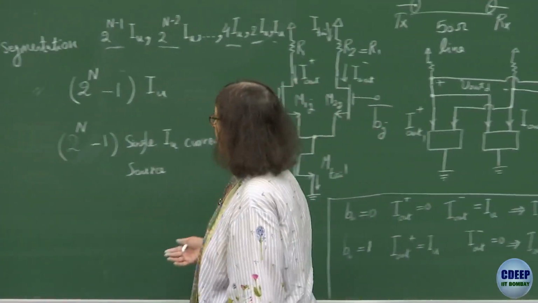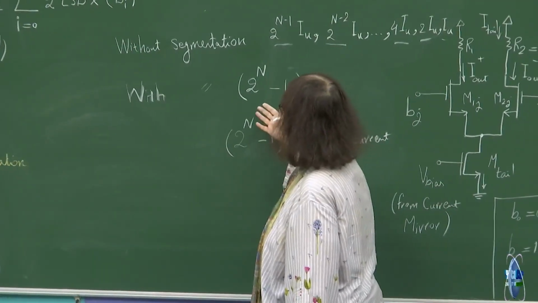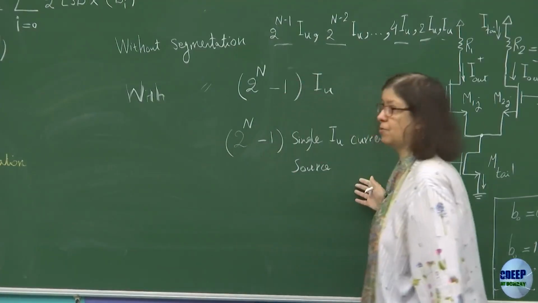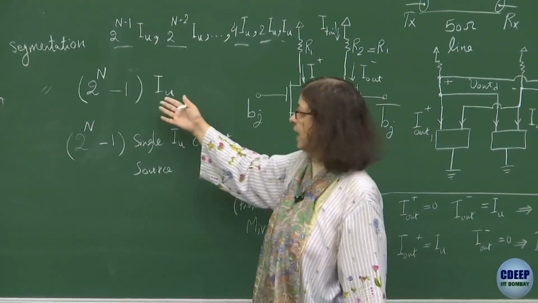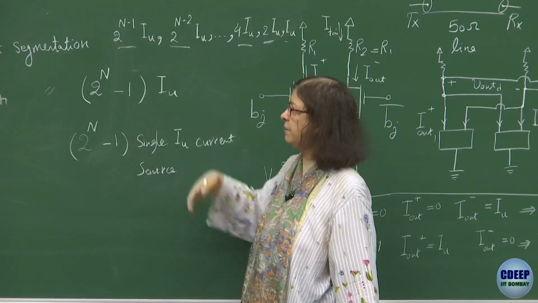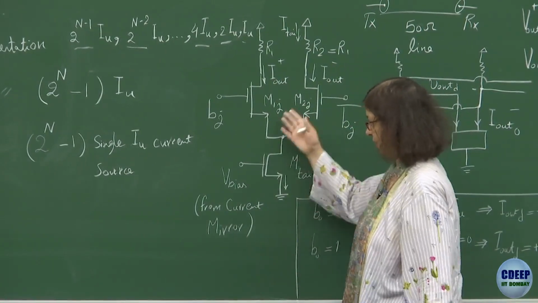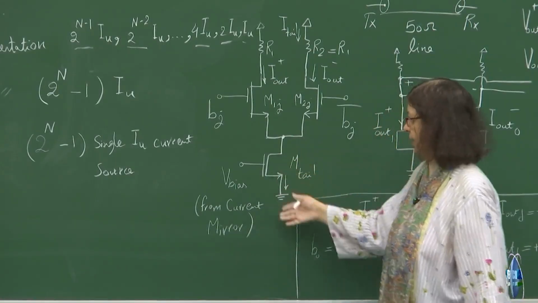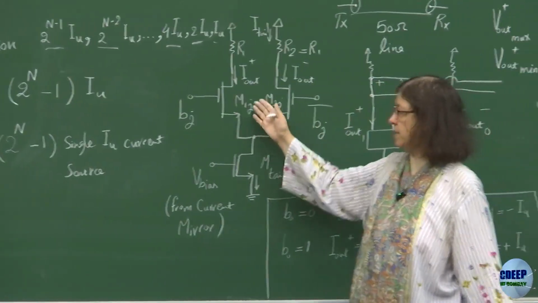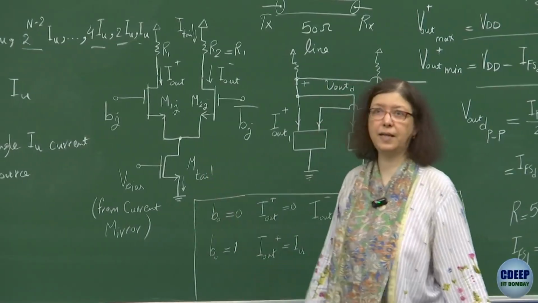For example, for 8 bits, we will have 255 current sources. Here we will have, for 8 bits, 7 current sources, but the 7th one actually has a very high aspect ratio of the tail. This transistor also needs to be scaled accordingly.